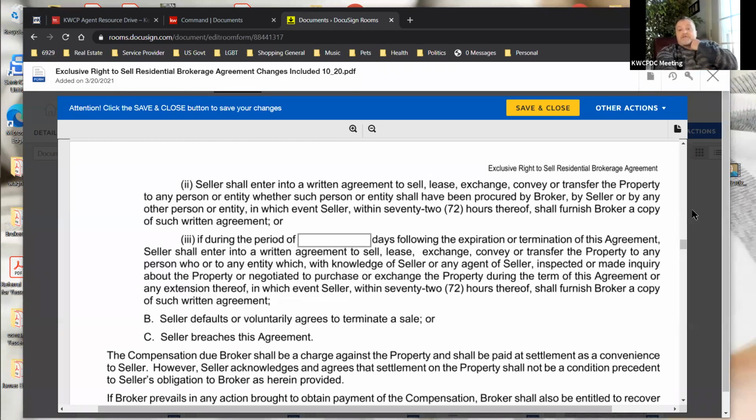So if this seller decides to enter into a new agreement with another listing agent, it voids out this paragraph number 3. If they get into another listing agreement with somebody after the expiration of yours, then there is no 30-day period, or whatever blank period of time you put in there.